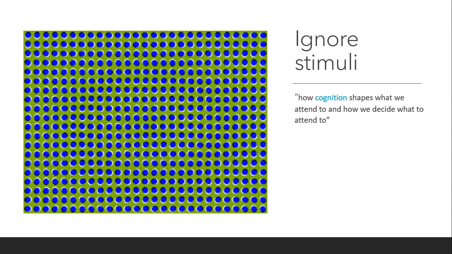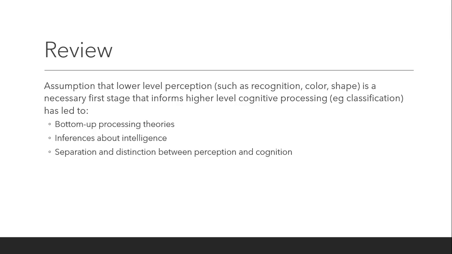So to what extent is cognition perception? In other words, are they even distinguishable? Or whether they are distinct but interdependent processes are questions that we'll be pursuing throughout this class. So to review what we've covered so far, the assumption that lower level perception, that is recognition, perceiving color, perceiving shapes, is a necessary first stage that then informs higher level cognitive processing such as classification or memory, has led to three distinct points.